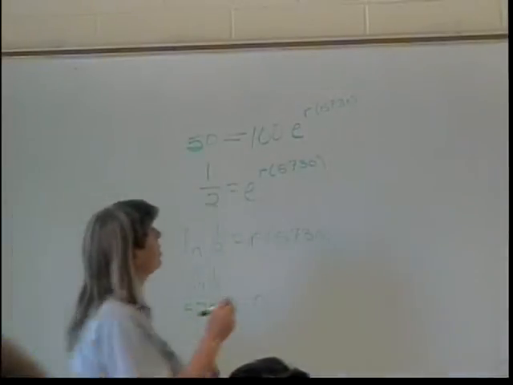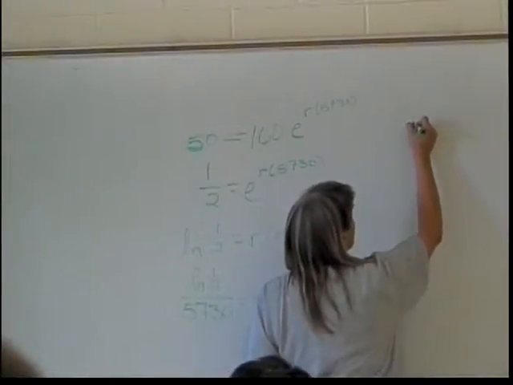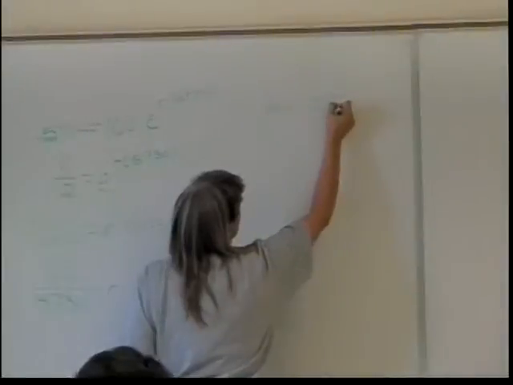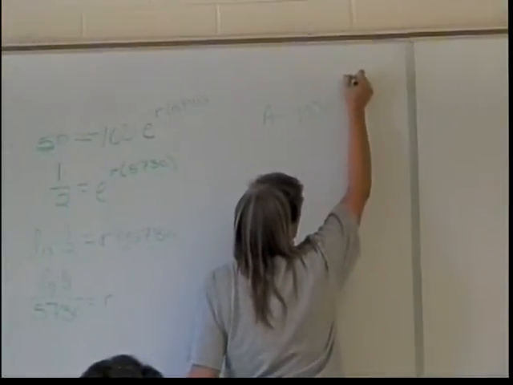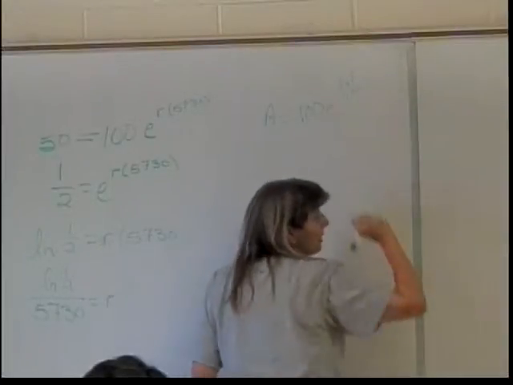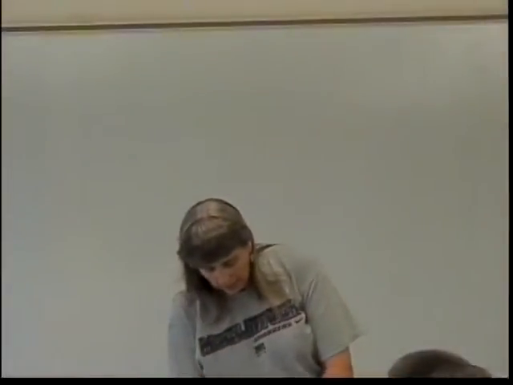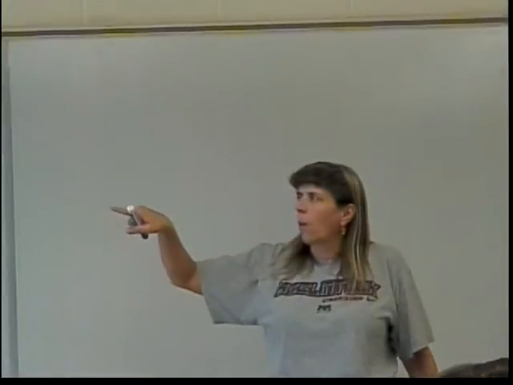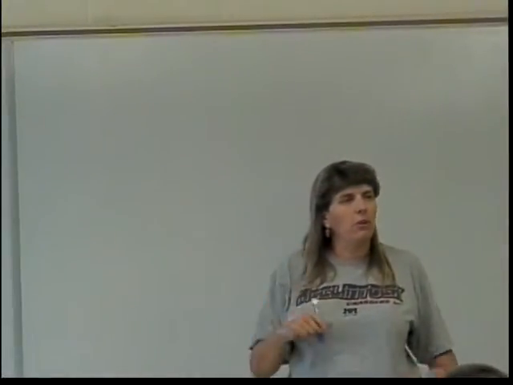Now once I have R, then I have my basic formula, A equals 100 e to the natural log of 1/2 divided by 5,730 times t, that will describe what happens to this wooden artifact. Now, I'm supposed to find out when I end up at 55%.